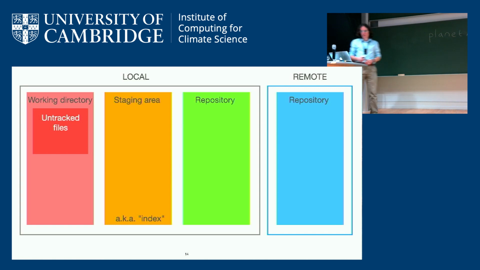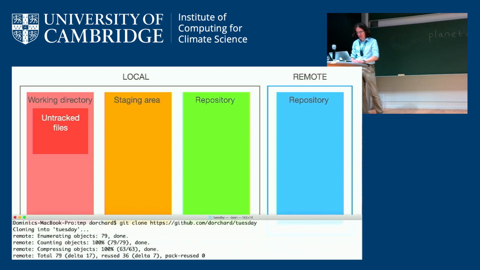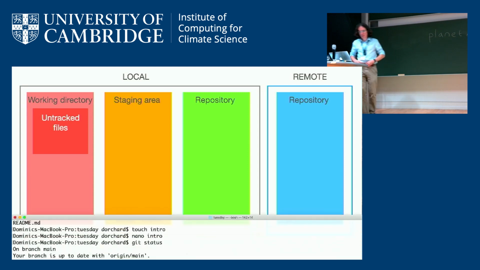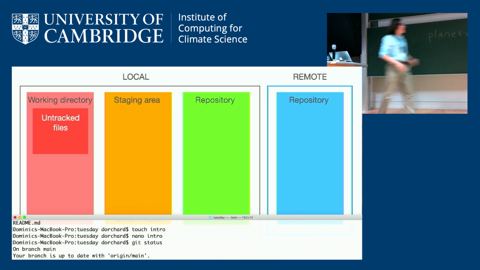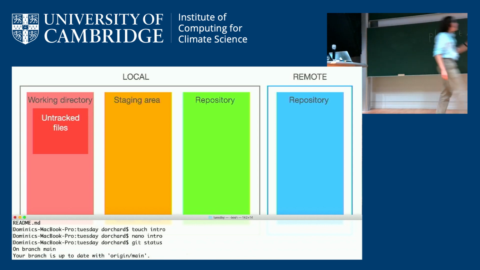So at the moment, this file is something that Git is not tracking the changes for. If I write git status, we can see that it tells us some stuff, and it tells us there's this untracked file called intro. So it knows it exists, but it's saying, well, I'm not tracking anything about it at the moment.